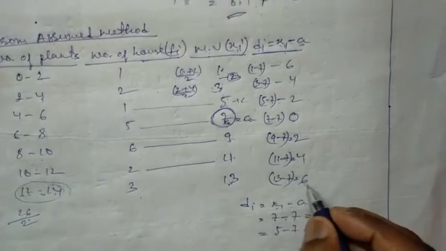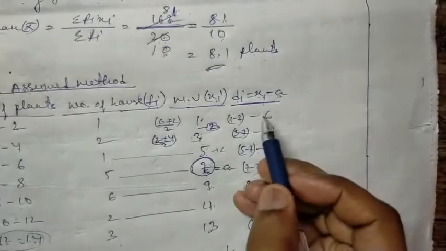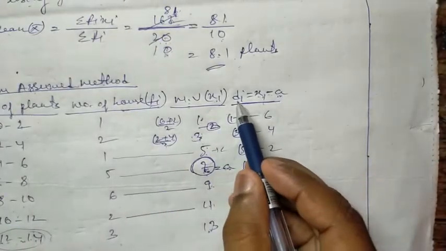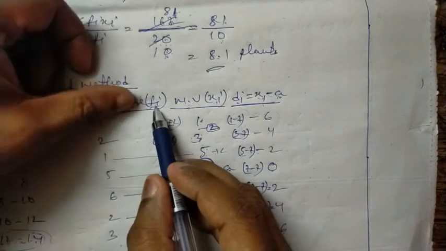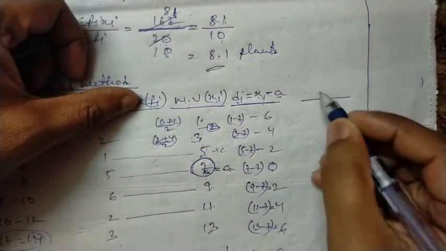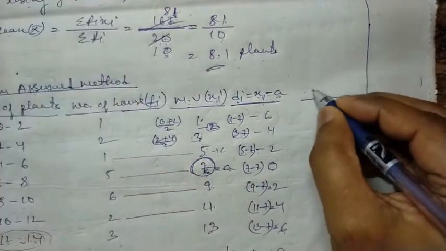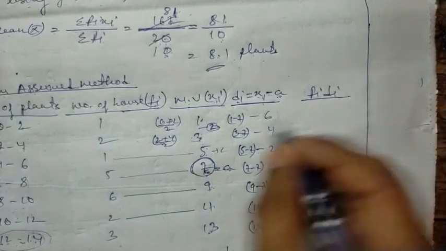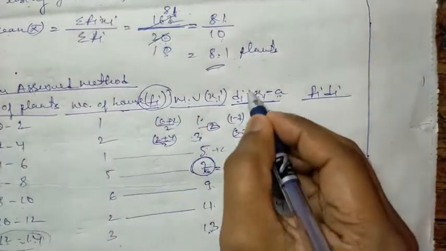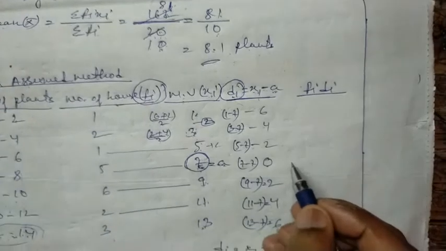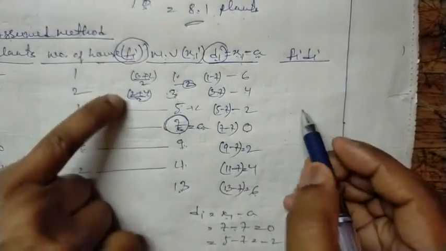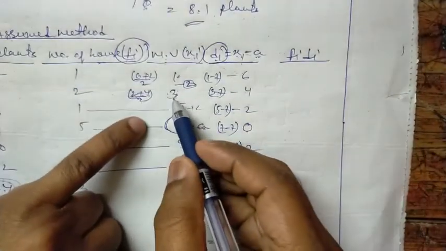Okay, now what do we have to do? We have to multiply this fi and di. This value and this value we have to multiply. After multiplying, what will we get? Let's see.